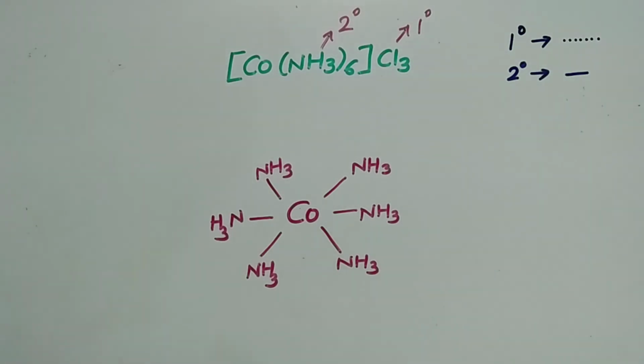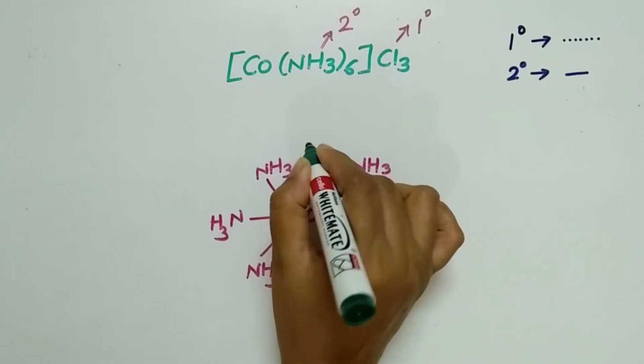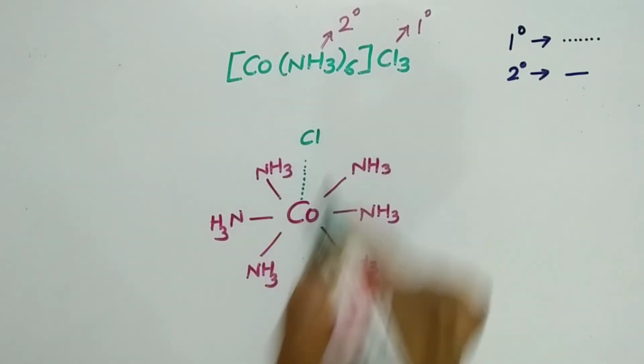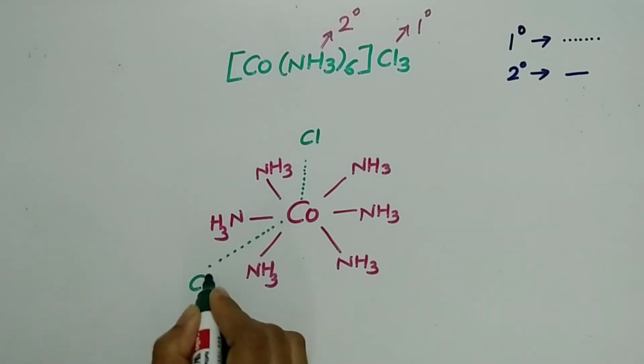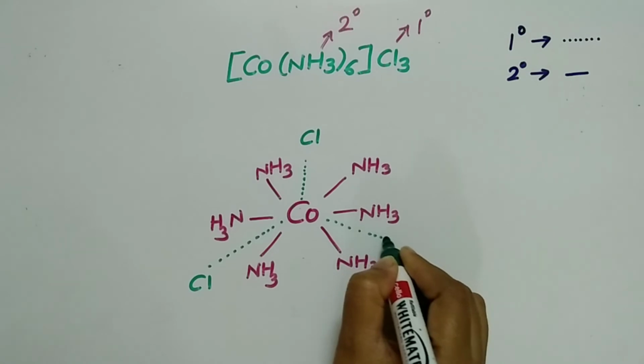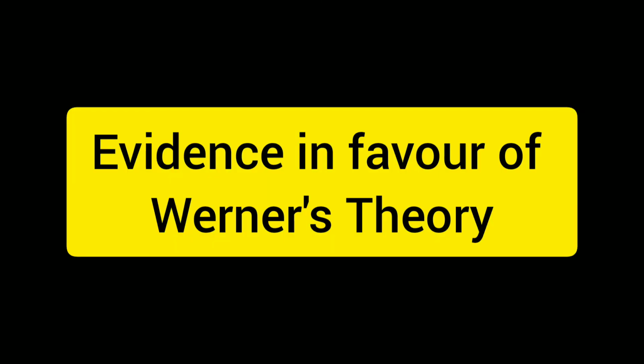Primary with the dotted lines. So 3 are there, we will just arrange it, dotted lines, Cl, again here the dotted lines, Cl, here the dotted lines, Cl. Correct?